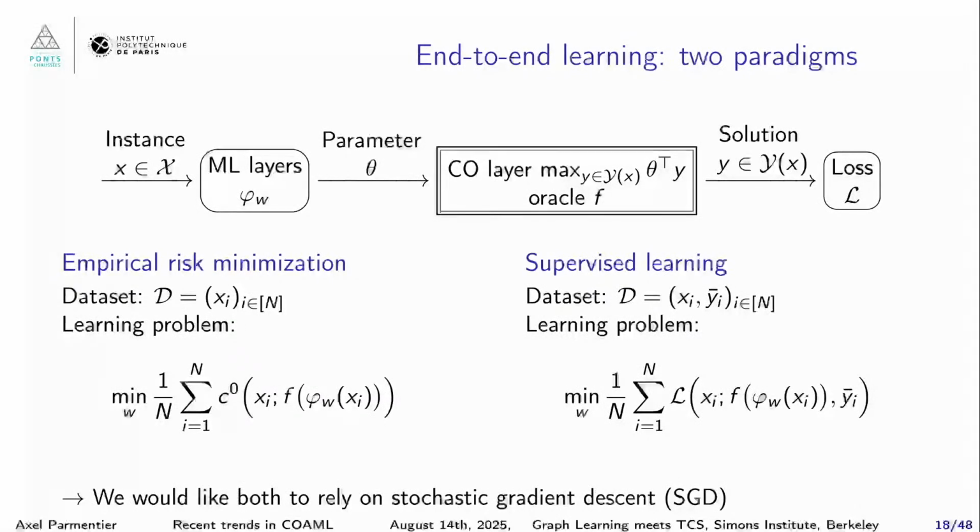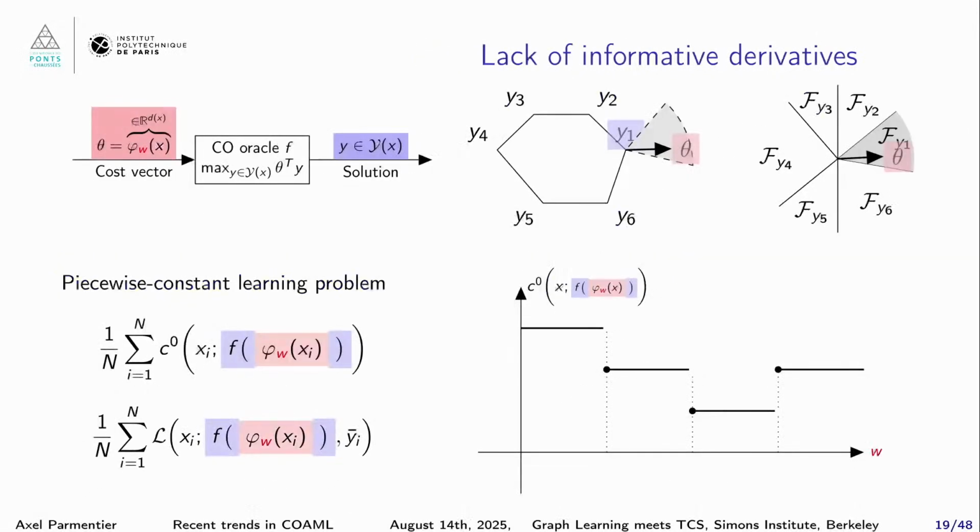And then there is the empirical cost minimization, where in your training set, you just have instances. You have an oracle call to evaluate C, that's all. And what you want to do is to minimize the empirical cost, where this is the output of your neural network. And I'm going to introduce algorithms for this.